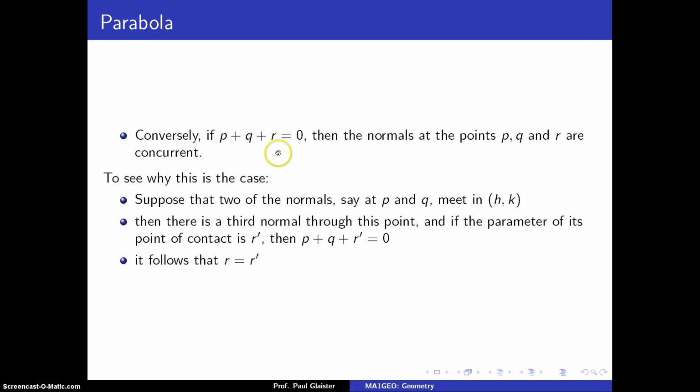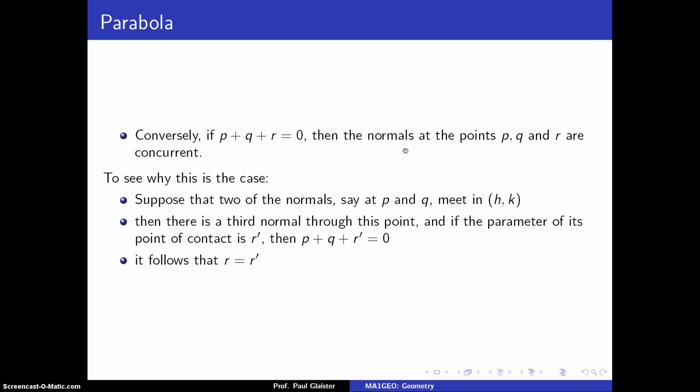Conversely, if those 3 parameters do add up to 0, then the normals at those 3 points will meet at the same point. And we can see why that's the case from the following argument.